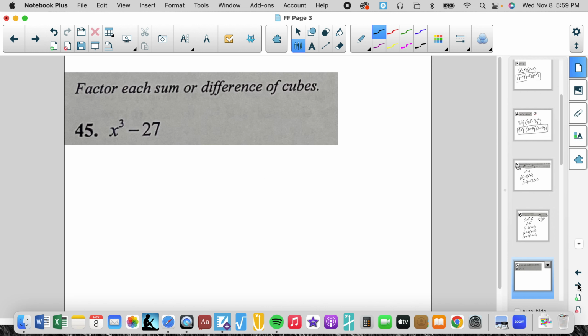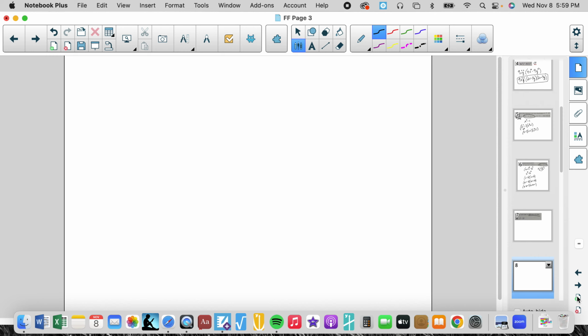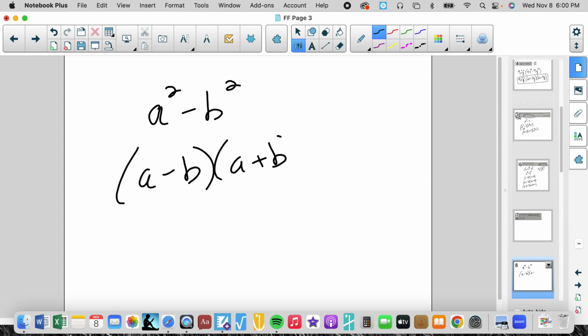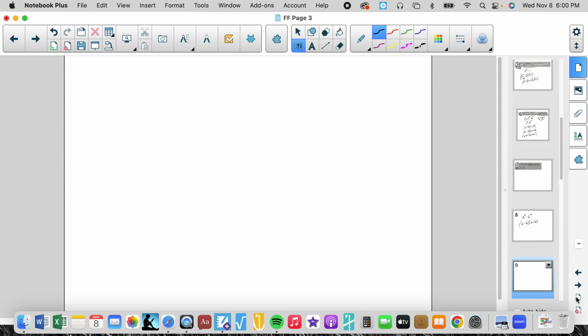All right, cubes. So the difference of cubes, much like the difference of squares, let's start a page. Just like the difference of squares has a template, a minus b, a plus b, and even when you get complicated, we can just substitute things. Well, we have these cubes.